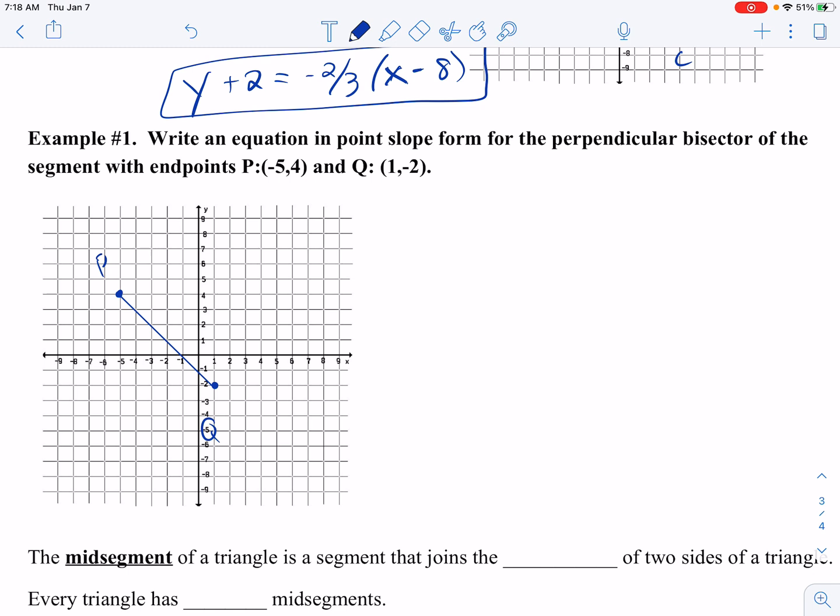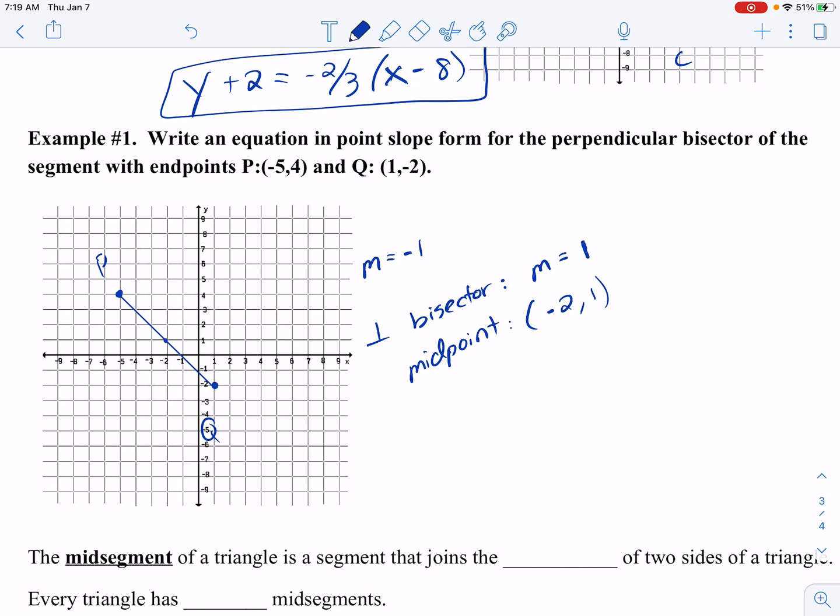Hopefully you could have seen that the slope is -1 of this segment. So then for the perpendicular bisector, the slope would be the reciprocal of 1 is just 1, and then the opposite of -1 is +1. And then the midpoint should have been -2, +1.